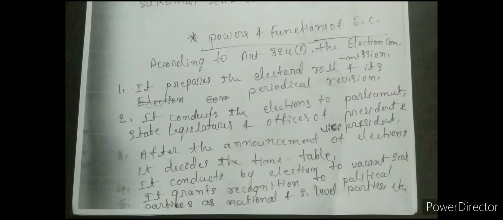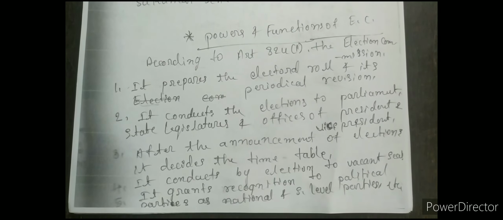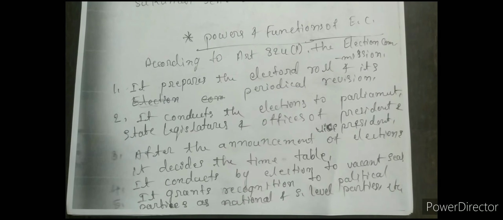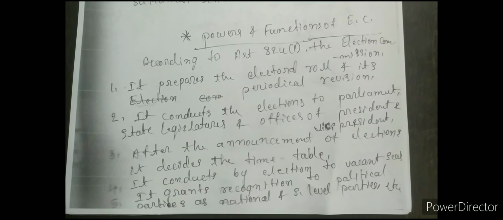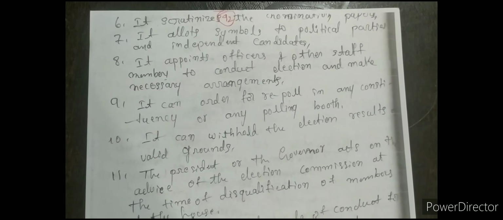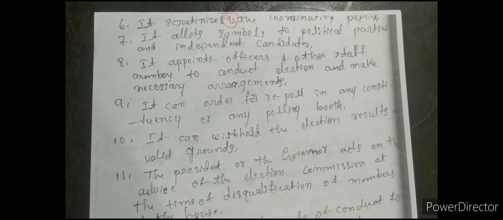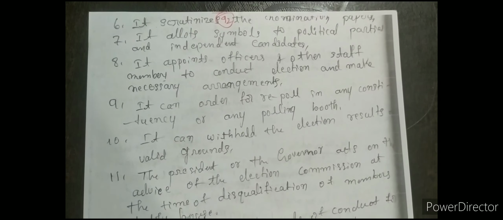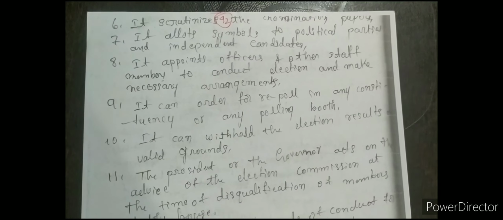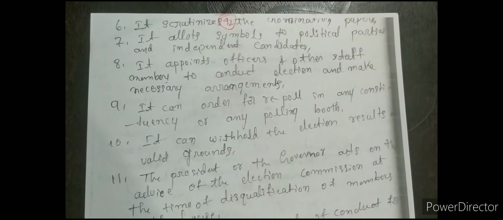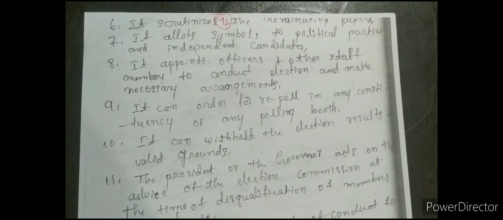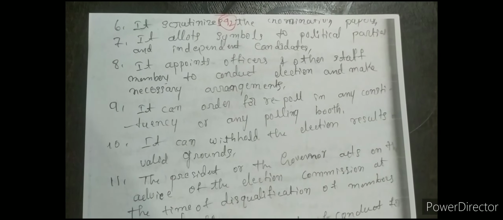Fifth, it grants recognition to political parties as national or state level parties. Sixth, it scrutinizes the nomination papers. Seventh, it allots symbols to political parties and independent candidates.